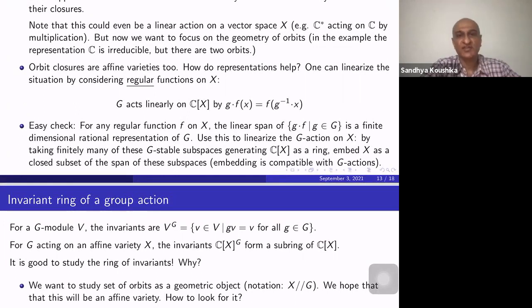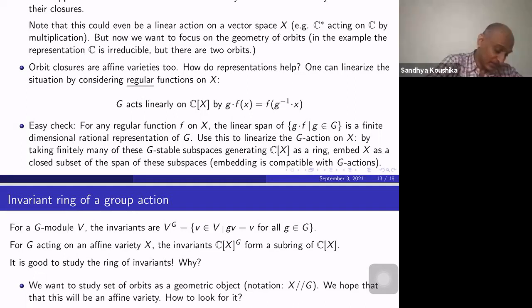Now, in this geometric situation, we hope that the set of orbits is not just a set, but itself has a geometric structure. And we would further hope that when I start with an affine variety X on which G acts, then this set-theoretic quotient itself will be an affine variety. So this is going to be a series of hopes. They're not all going to be realized all the time, but still something nice is going to come up. Right, so let's just go on.